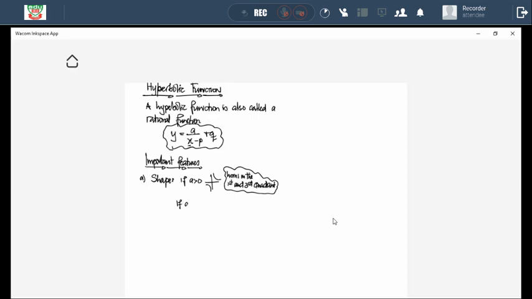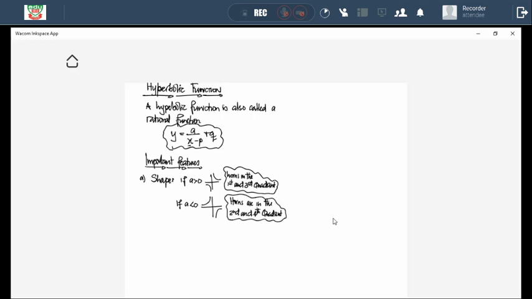Now, if A is less than 0, meaning A is negative, it means the horns are in the fourth and in the second quadrant. So your horns are in the second and fourth quadrant, something like that. That's very important.